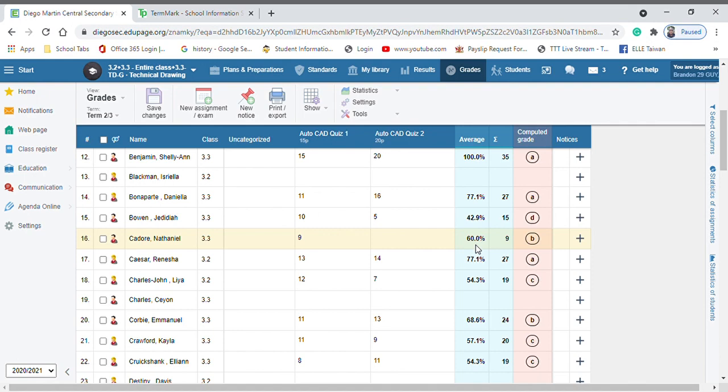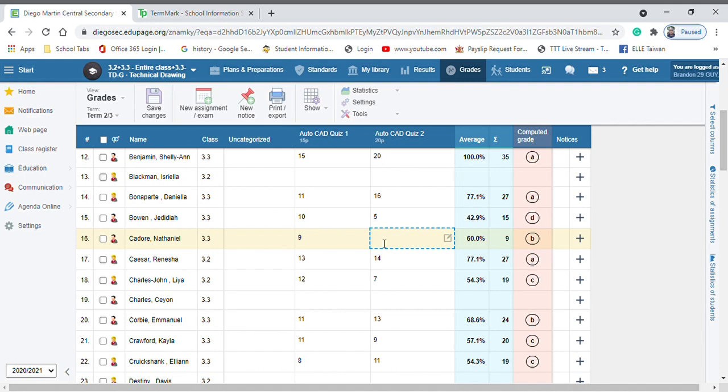Now we know this is incorrect because it did not take into consideration AutoCAD quiz 2. So this is supposed to be 9 plus 0 over 15 plus 20, which is 35. So it's going to be 9 over 35 multiplied by 100%.